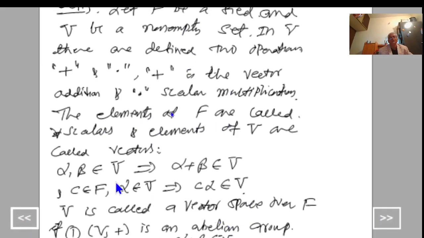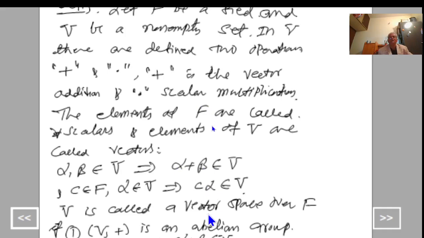The addition of two vectors is defined here: alpha and beta belong to V, then alpha plus beta belongs to V is defined. And C is an element belonging to F, alpha is an element belonging to V, then their multiplication C into alpha, which we call scalar multiplication, is defined, and this is an element of V. So addition of two vectors and scalar multiplication are defined in V. These are the two operations defined in V.